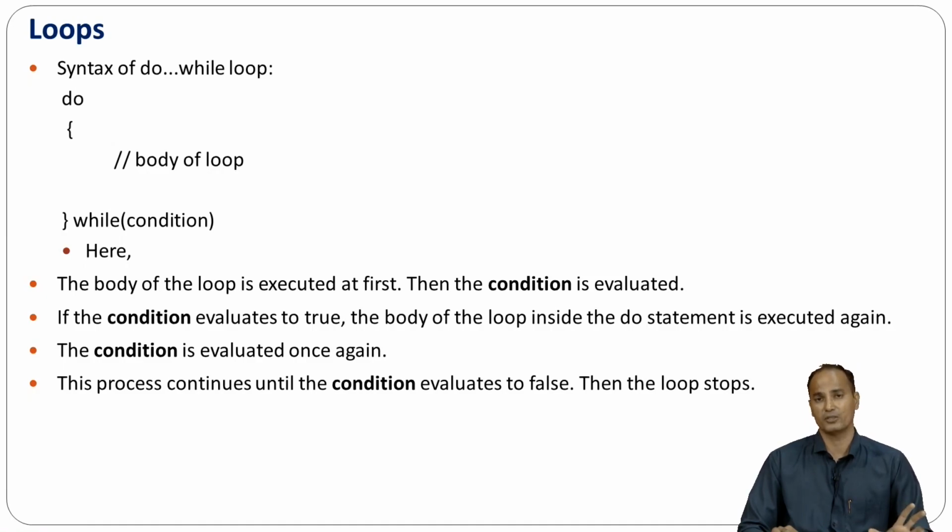So the difference between while and do while is that in a while loop it will only execute if the condition turns true, but in a do while the code is executed the first time and then the condition is checked, and if it turns true it will execute again, otherwise it will terminate and jump to the next statement after the while. This process continues until the condition evaluates to false, then the loop stops.